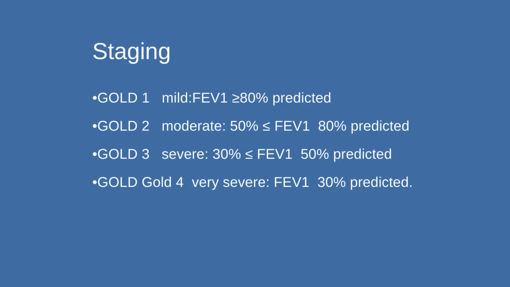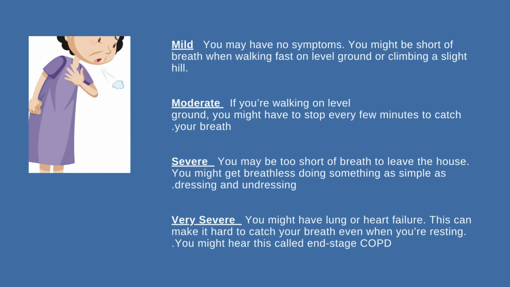If it falls between 50 to 80%, it's moderate, and below 50 is severe. Very severe is less than 30% of predicted, which indicates end stage COPD.